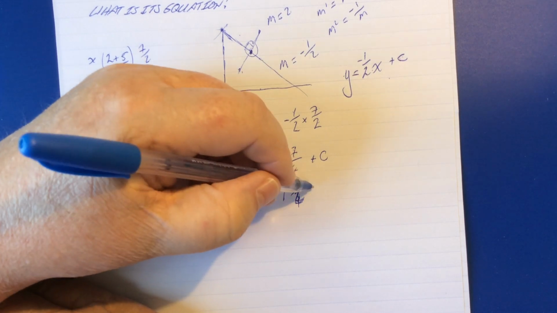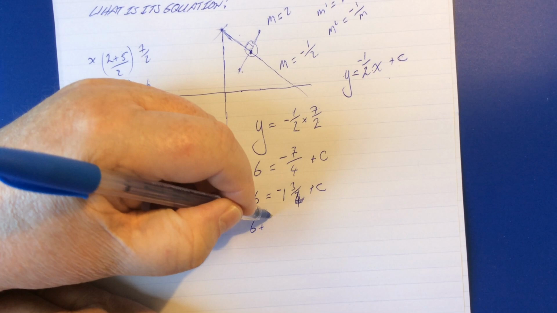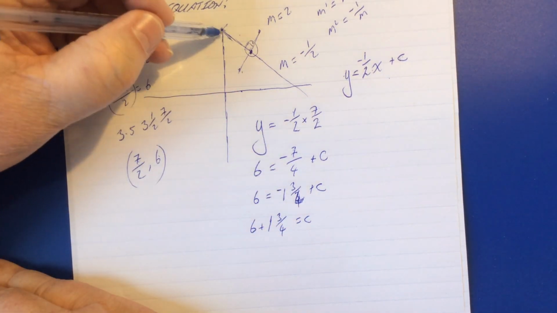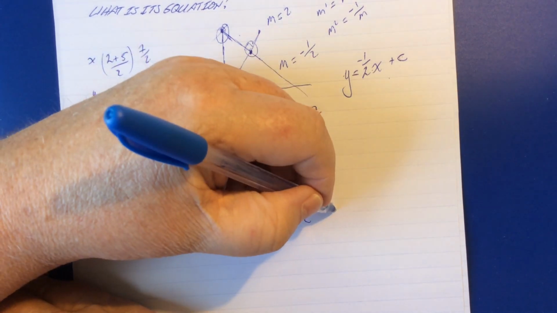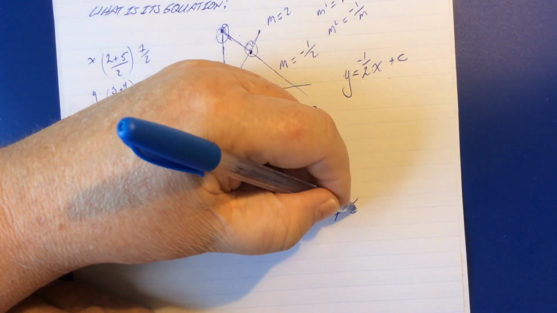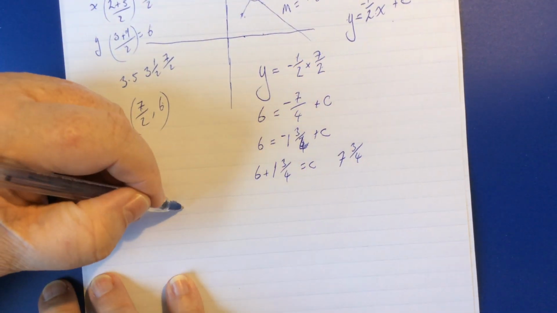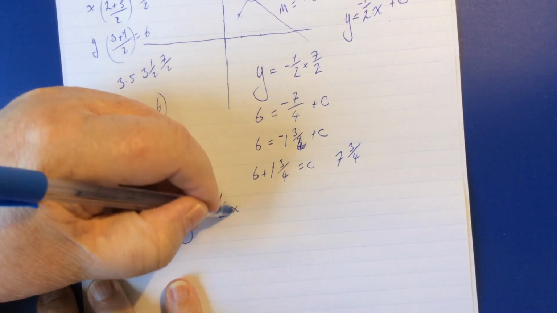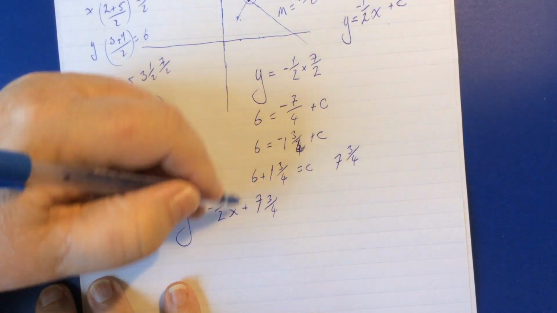So that will give us C. So 6 plus 1 3/4 equals C. Our y-intercept up here is 7 3/4. So our equation is y equals negative 1/2 x plus 7 3/4.